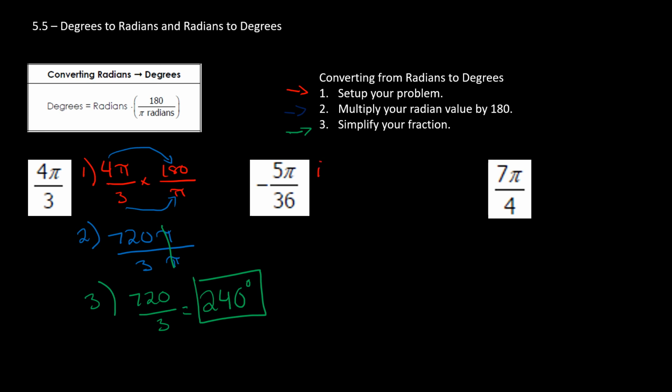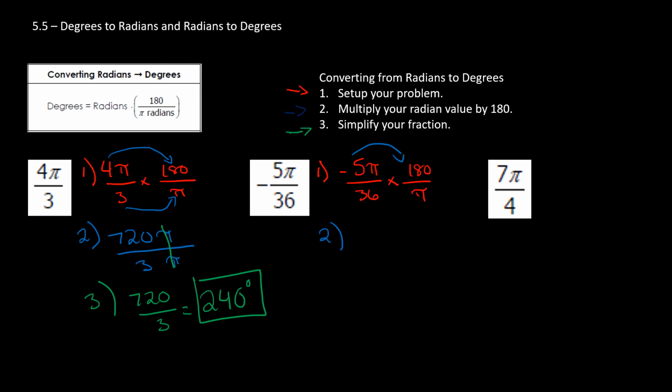Let's try another one. Let's look at this problem here. We're throwing a negative in there. Same steps, guys. So we're going to go ahead and set it up as negative 5 pi over 36 times 180 over pi. Let's go ahead and multiply across.